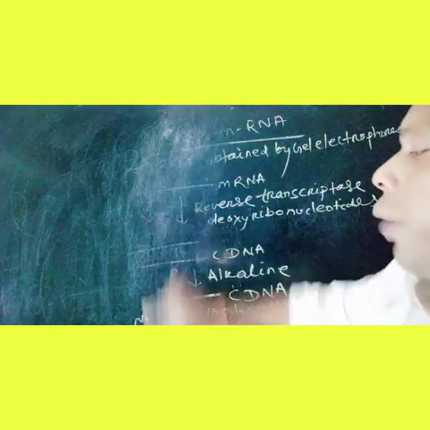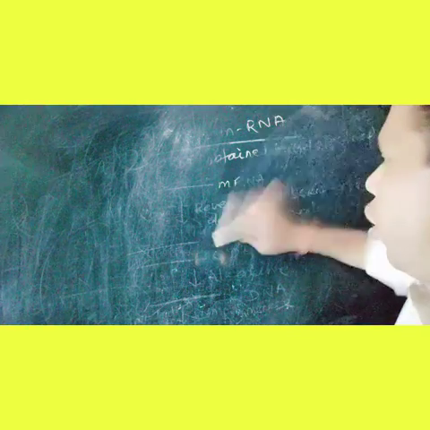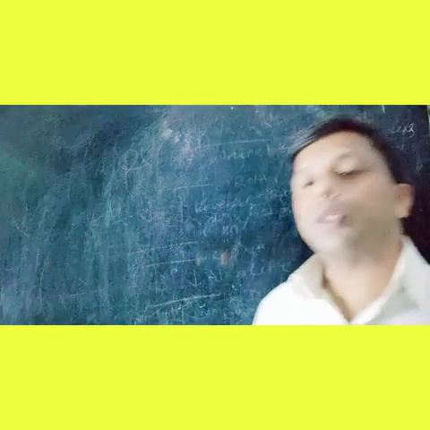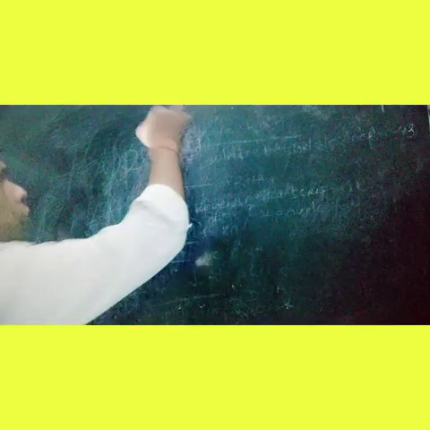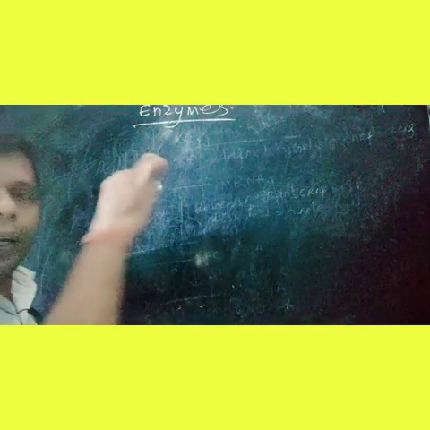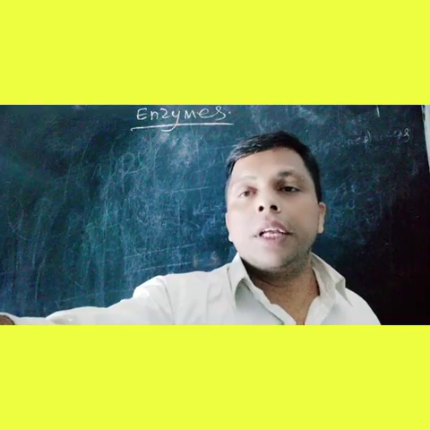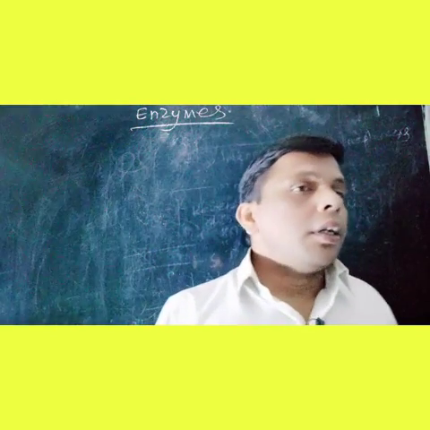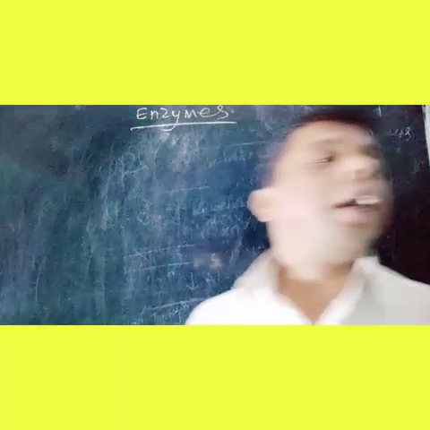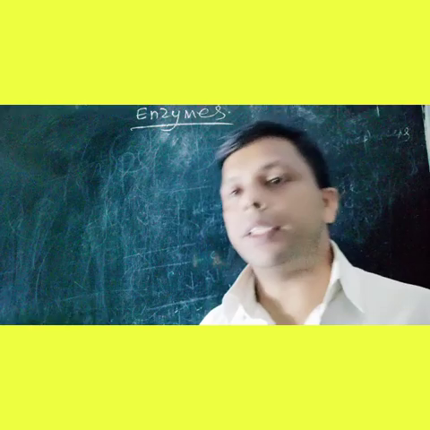So, we have selected the gene of interest either directly from DNA or from mRNA through the process of reverse transcription. Then comes the selection and isolation of enzymes. A variety of enzymes are used in the process. Let us discuss the endonuclease enzymes first, and after that the other enzymes.